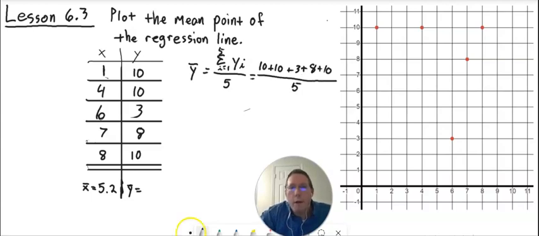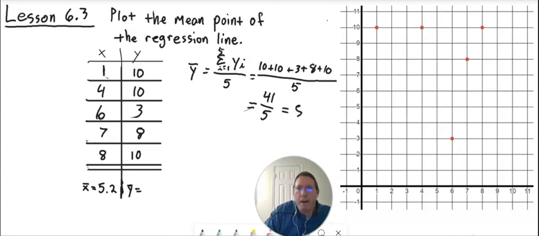All right, so 10 plus 10, that's 20. Plus 3 is 23, plus 8 is 31, plus 10 is 41. So this is going to be 41 divided by 5, and 41 divided by 5 is 8.2. And so the y bar is going to be 8.2.